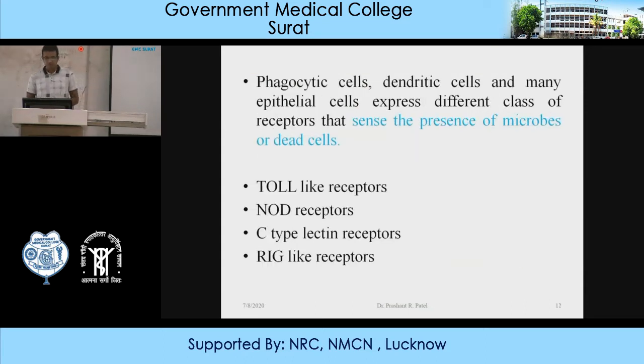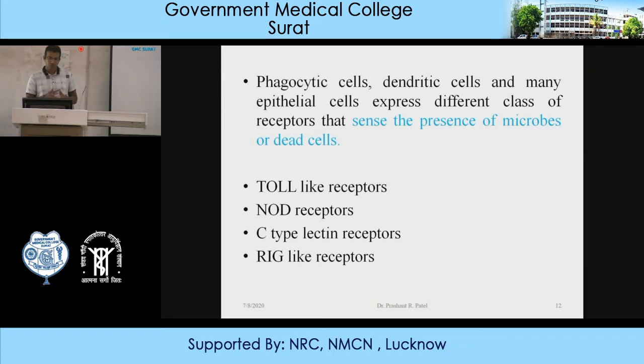Phagocytic cells, dendritic cells, and many epithelial cells express different classes of receptors that sense the presence of microbes or dead cells within the body. These receptors include toll-like receptors, NOD-like receptors, C-type lectin receptors, and RIG-like receptors. All these receptors play an important role in innate immunity.